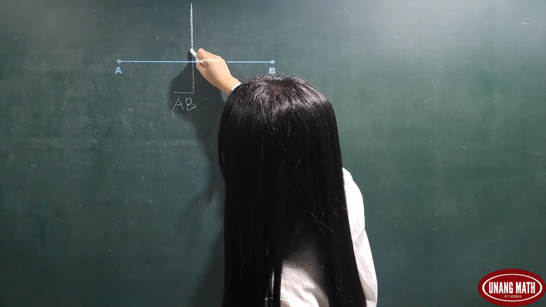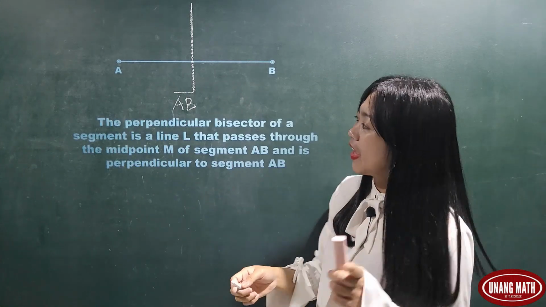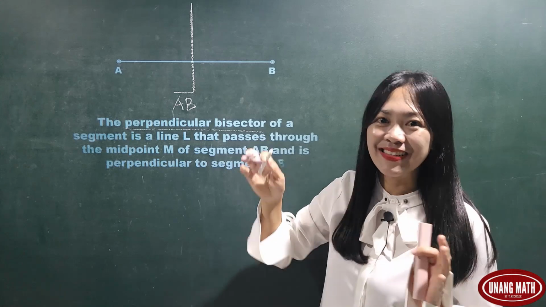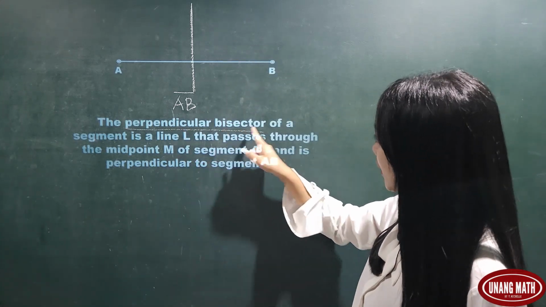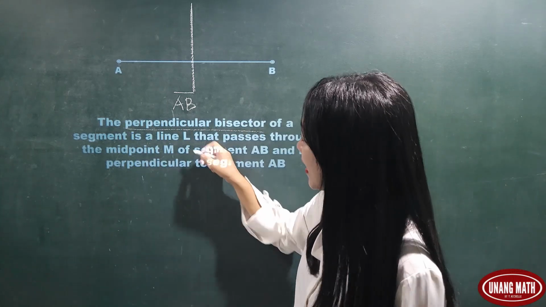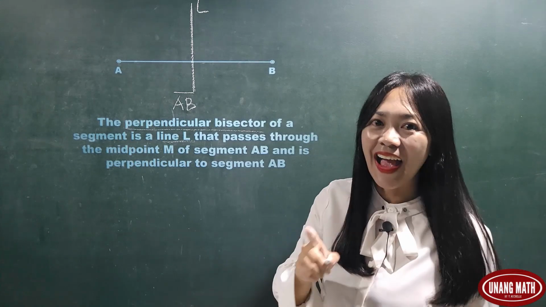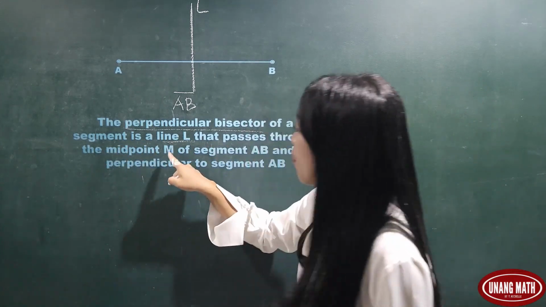This straight line that divides this segment into equal lengths is what we call the perpendicular bisector. So in this figure, the perpendicular bisector of a segment is line L, that passes through the midpoint M.